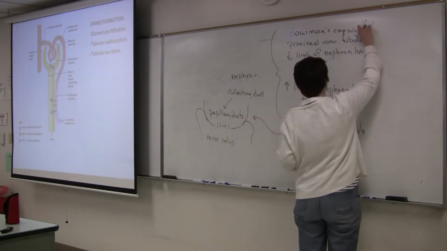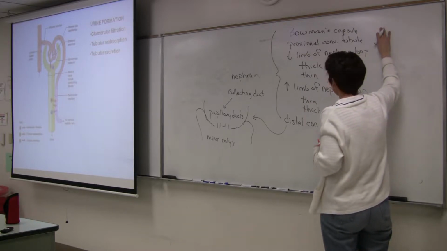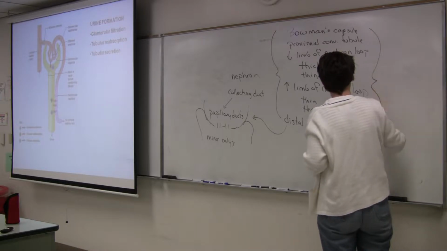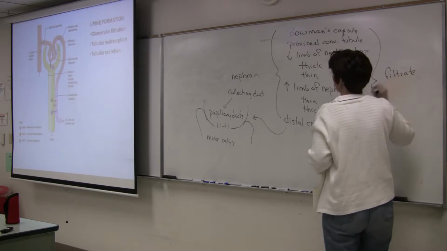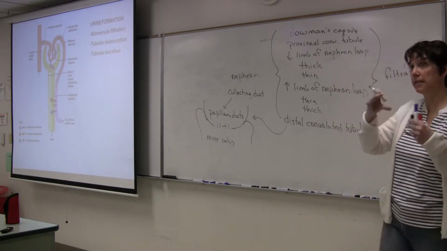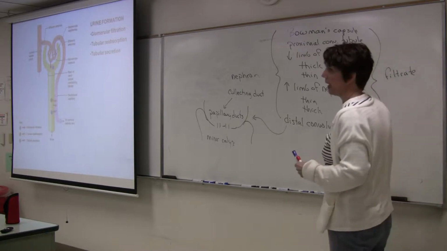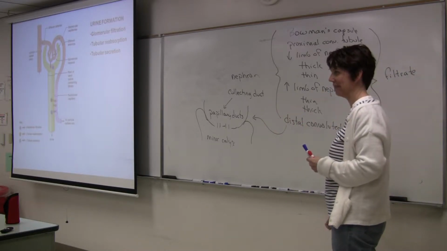So at the Bowman's capsule, we have the content of the blood becoming filtered, and so the entire content of the nephron is identified as filtrate. So once small particles, including water, are removed from the blood and enter the Bowman's capsule, it's known as filtrate.